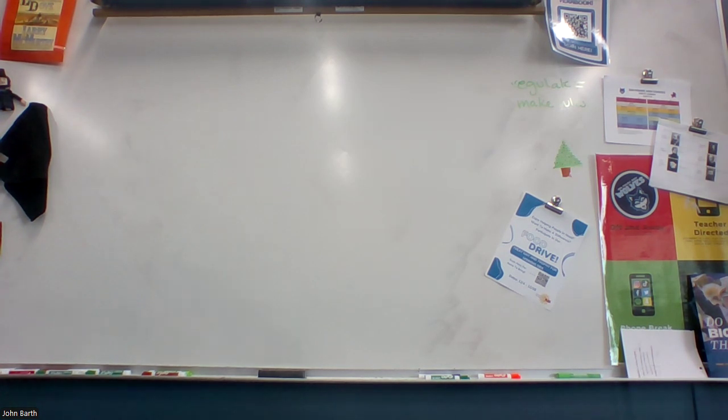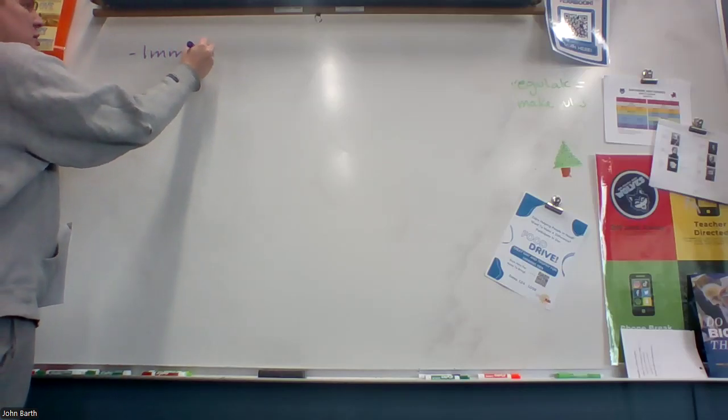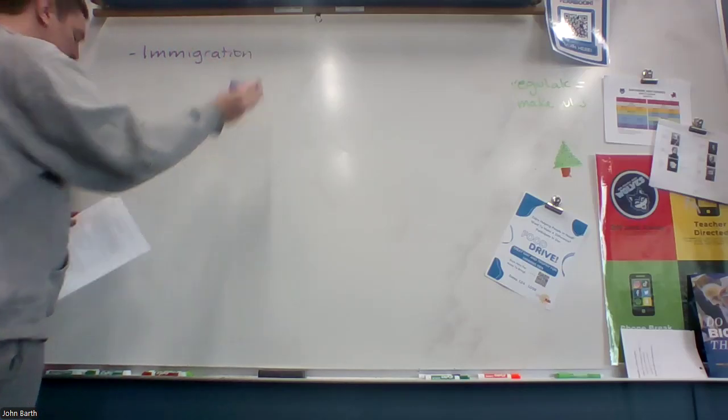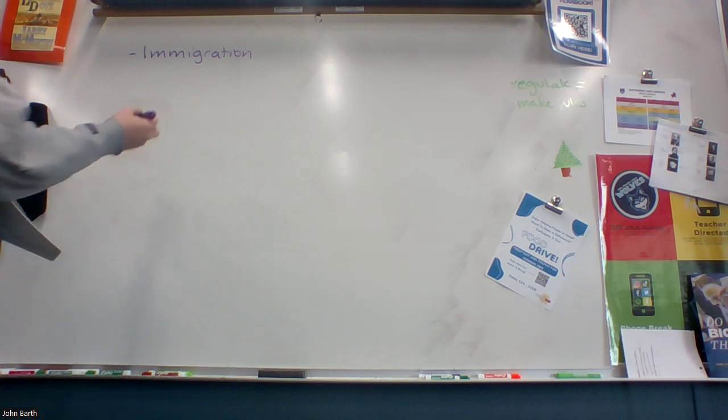And the first big random thing that comes in is immigration. So we talked in class about what causes immigration, right? What's something that contributes to immigration?